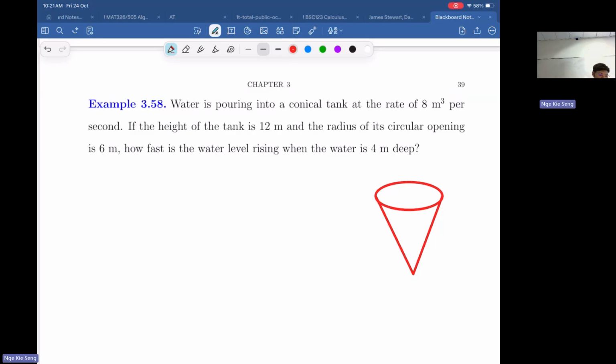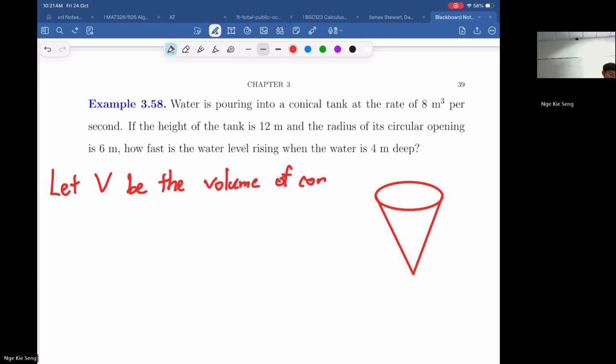And then at a rate of 8 meters cubed per second. So what does cubed mean? Cubed is a volume. So actually it's the volume of the conical tank.